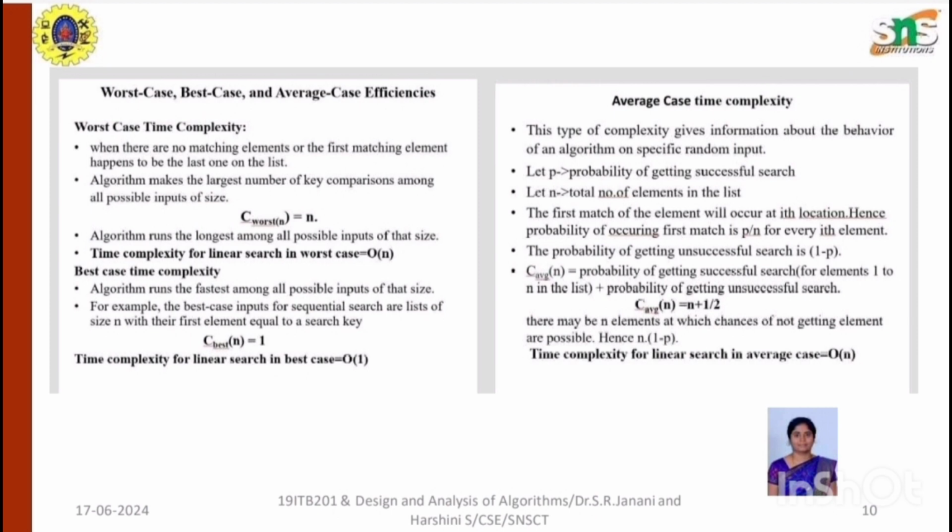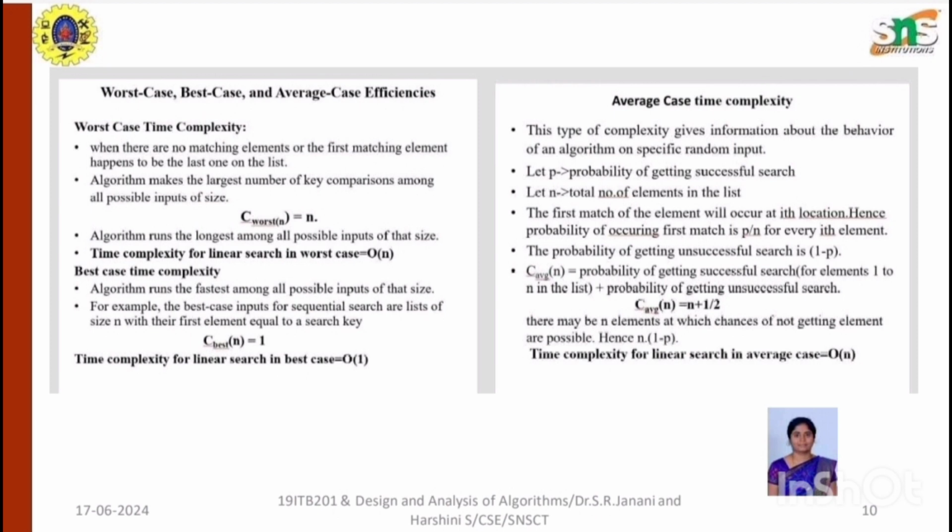Now let's discuss the worst case, best case, and average case efficiencies. The worst case time complexity tells us that when there are no matching elements, or the first matching element happens to be the last one on the list, then it becomes the worst case complexity. That is, we cannot find the desired element in a short period of time or in the first position.